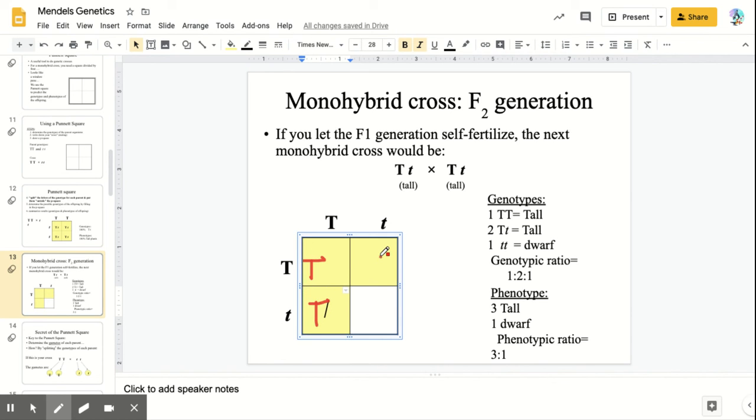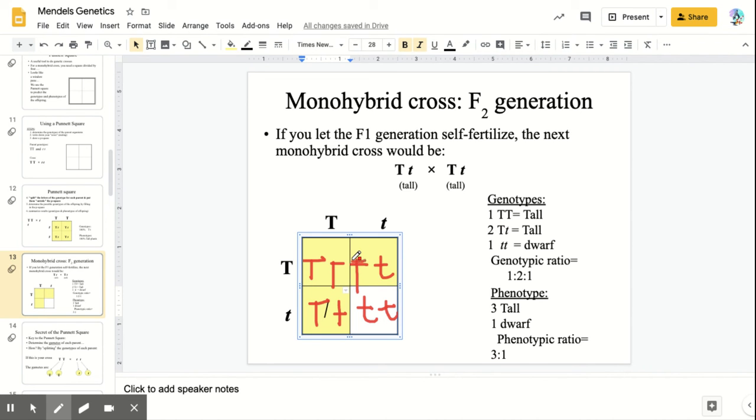This guy goes down, fills across. Then we go across. Big T, and then little t, because we're across. Big T, little t. Perfect.